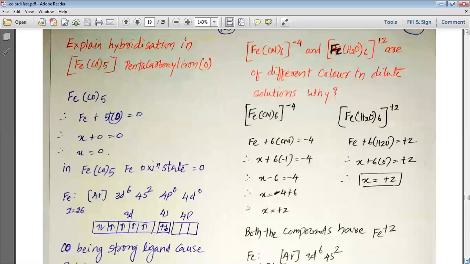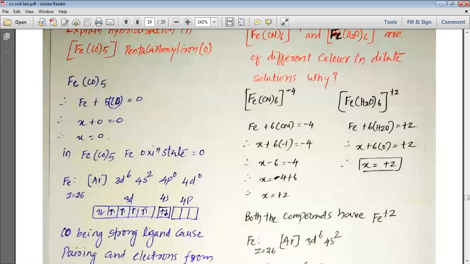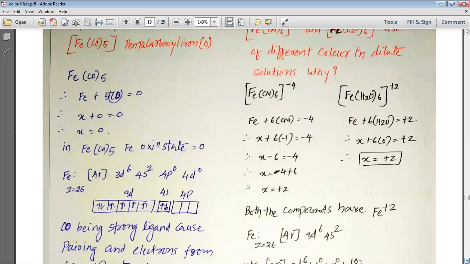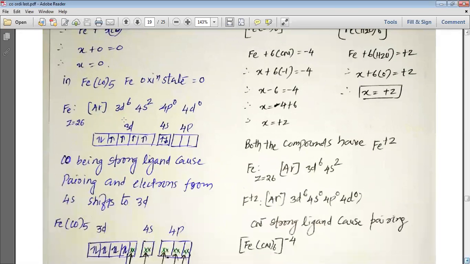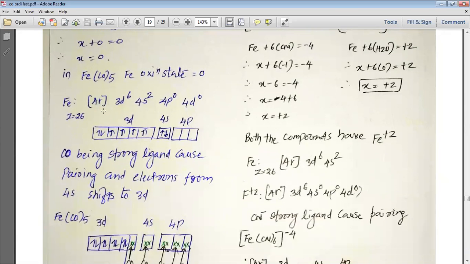Here you can see that in pentacarbonyl iron 0, the oxidation state of iron is 0, which is already given in the name itself. The electronic configuration of iron, Z equal to 26, is argon 3d6 4s2 4p0. Carbonyl is a strong ligand, and that is why it causes pairing.